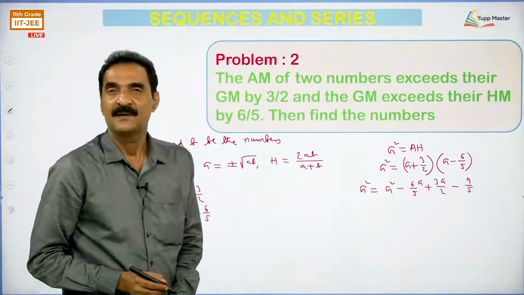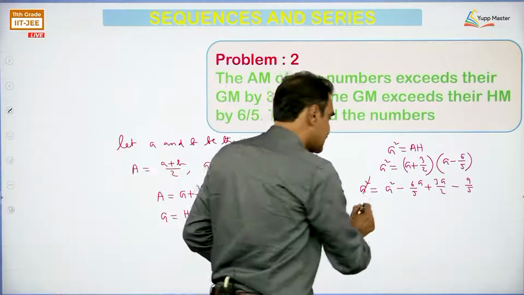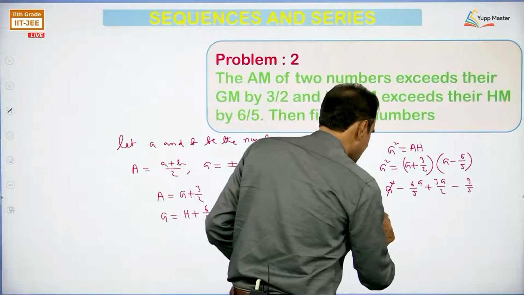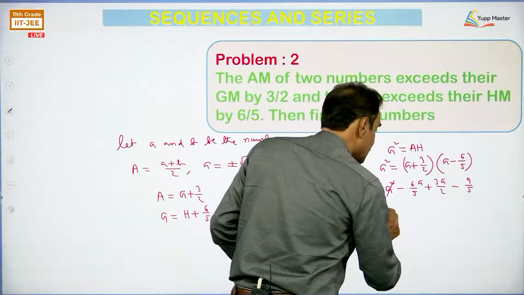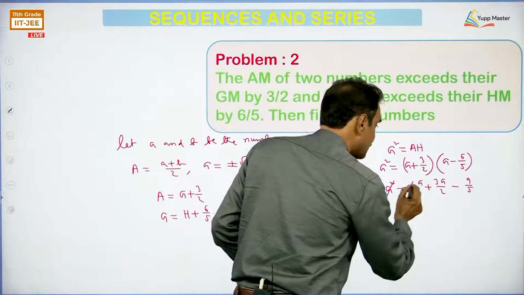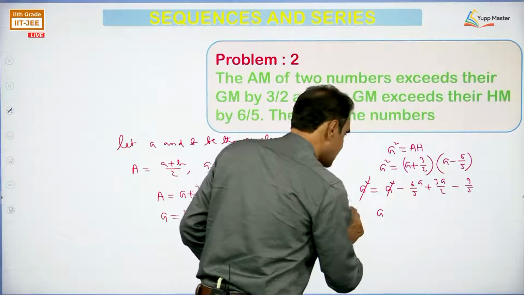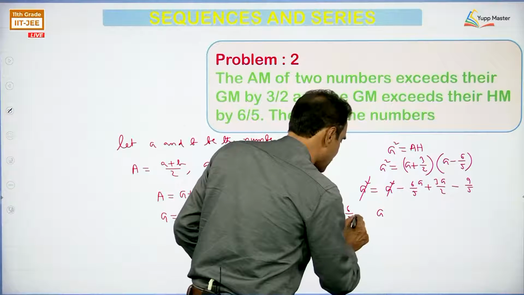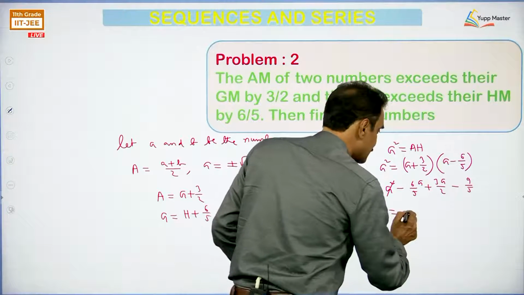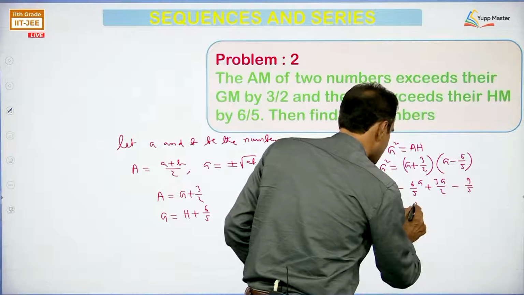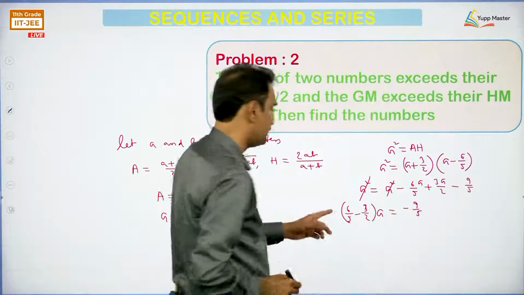Alright. Now G squared cancels. If you take it this side and calculate, we will get (6/5 minus 3/2) into G is equal to minus 9/5.